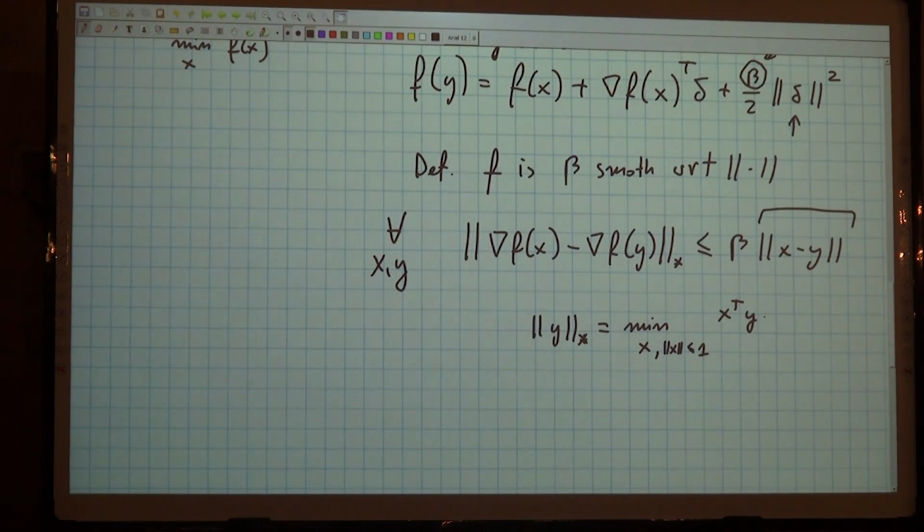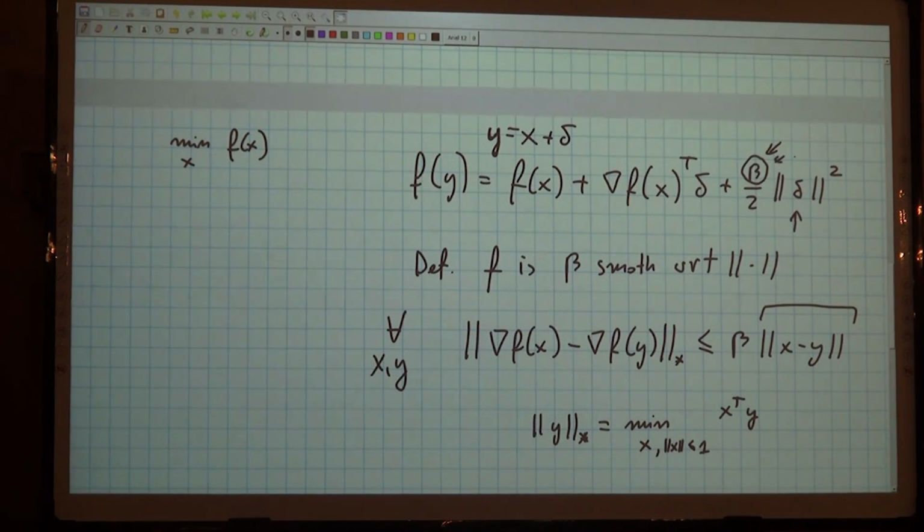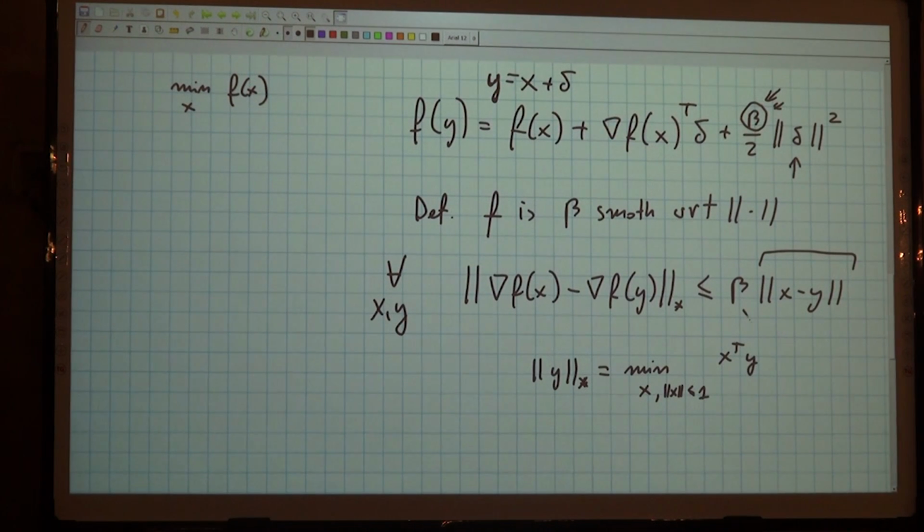At first it might not be clear why you have to do this. But it turns out that if you want to know the constant over here, it will be given exactly by this constant with this particular norm. You actually have to use the dual norm here.